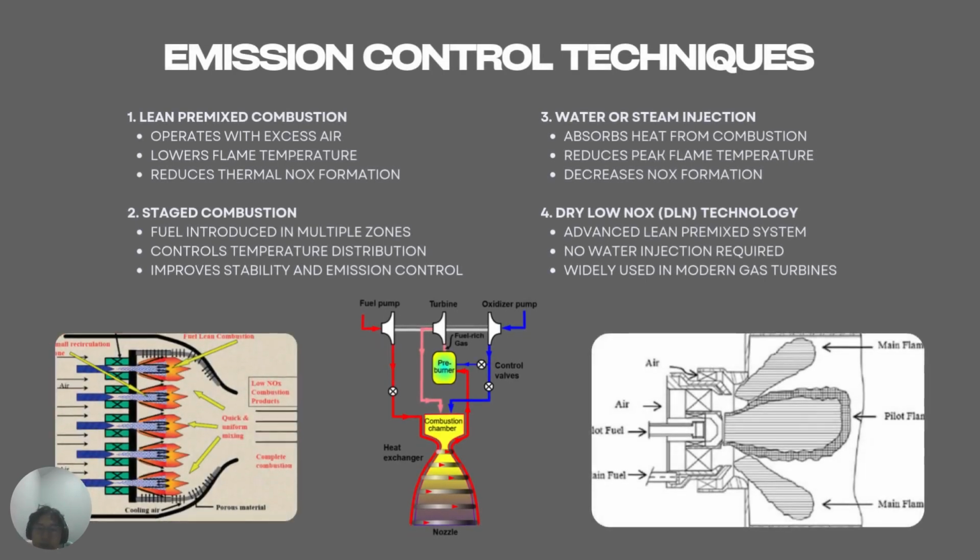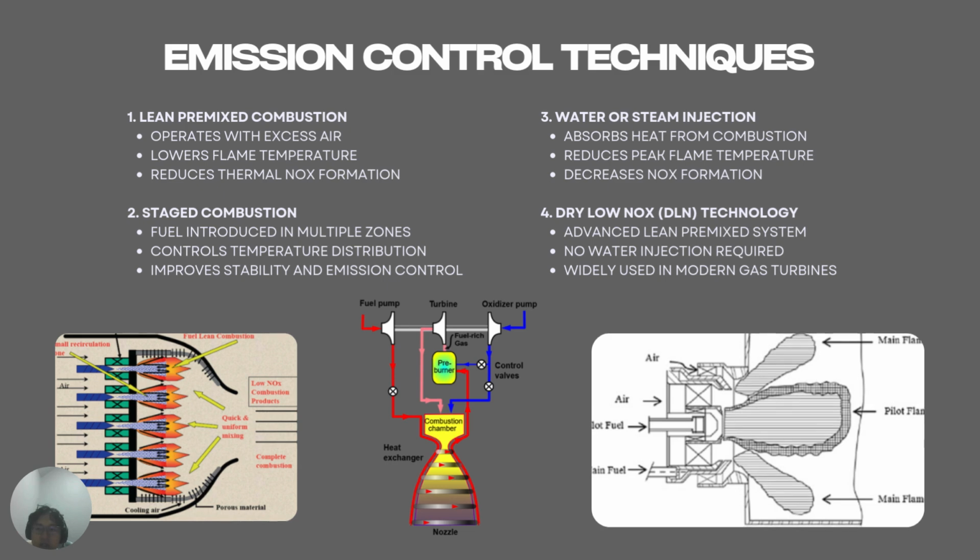To reduce NOx emissions, modern gas turbines use several strategies. First is lean premix combustion, which lowers flame temperature by operating with excess air. Next is staged combustion, which distributes fuel injection to better control temperature zones.